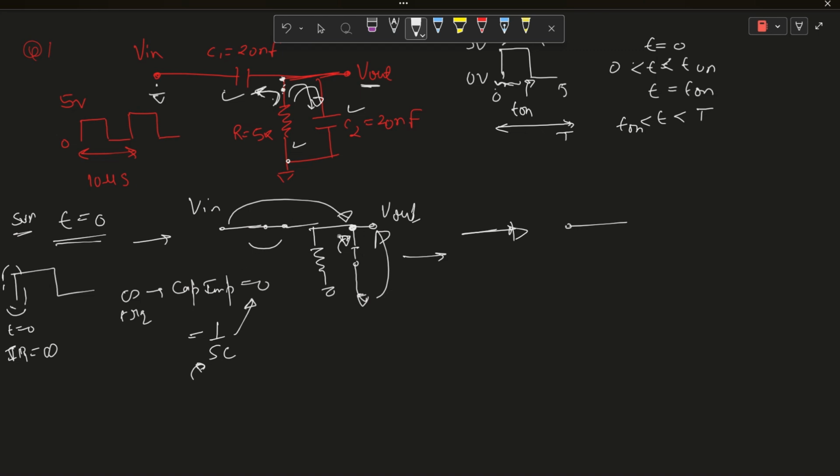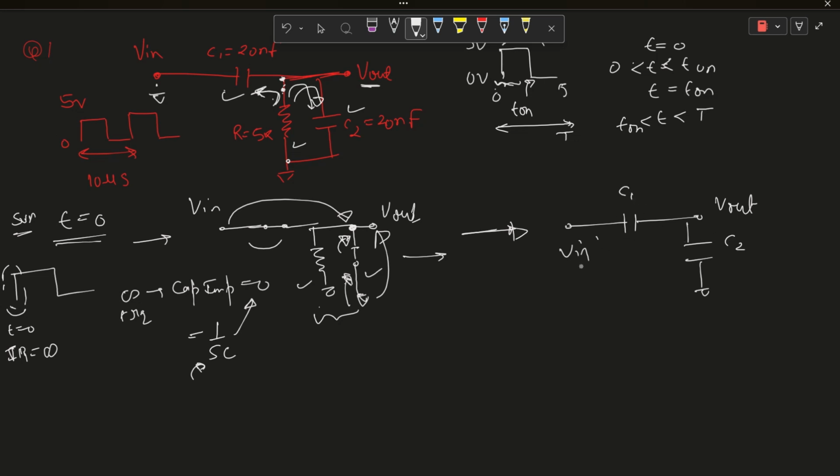Now the impedance is nearly zero. It will become a capacitive divider circuit, because this R and this capacitor are in parallel, so the smaller impedance dominates. This capacitance will be considered, and it will look like a capacitor divider circuit.